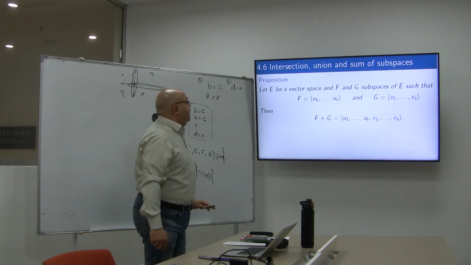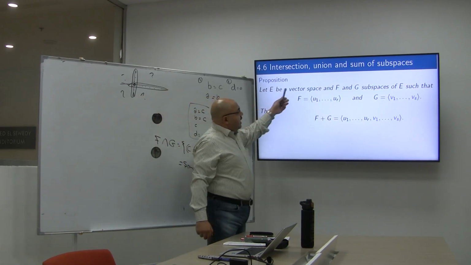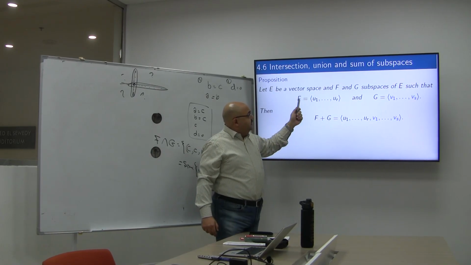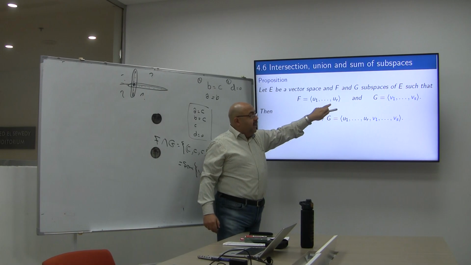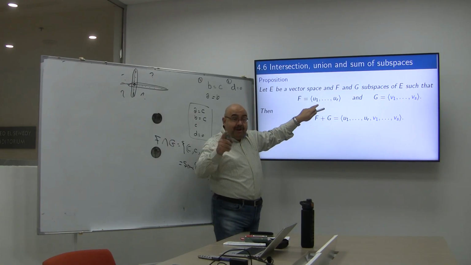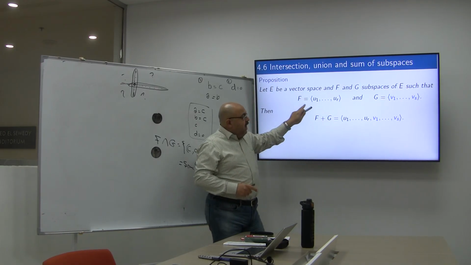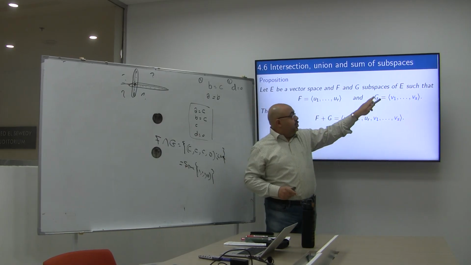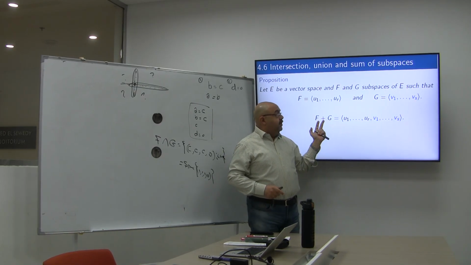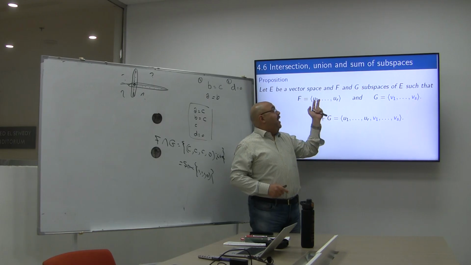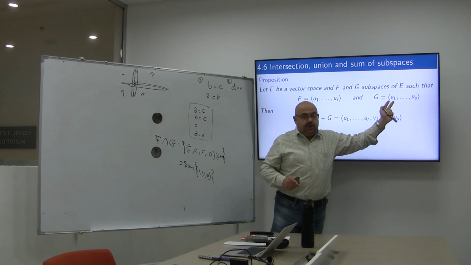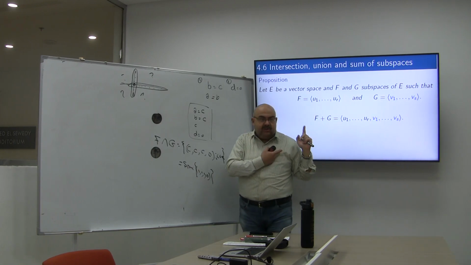In general, let E be a vector space, and F and G are subvector spaces of E, such that F is generated by these vectors, and V1 up to Vs are the vectors generating G. So adding them together means you add the vectors generating F plus the vectors generating G. That's what happened previously.